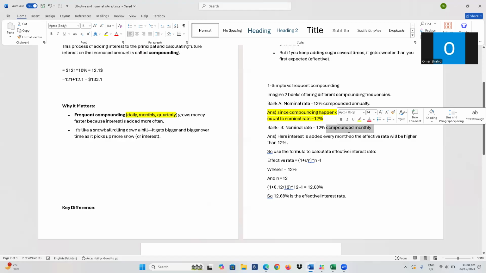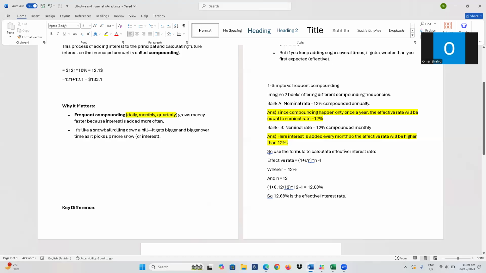It means that our effective interest rate will be higher than the nominal interest rate, because I told you above that if it is compounded more than once a year, then your effective interest rate will be higher than the nominal rate. Here, interest is added every month, so the effective rate will be higher than 12%, obviously. I explained this to you above.